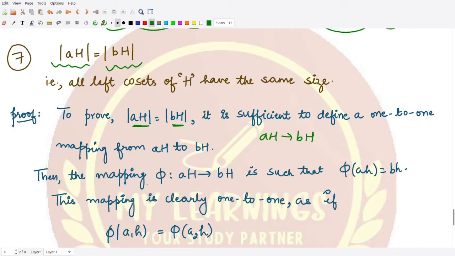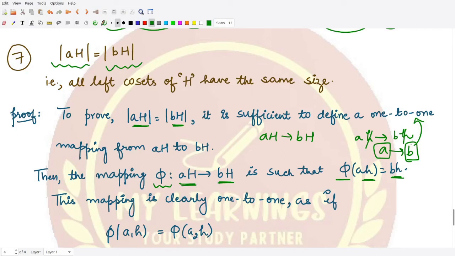Let's call that mapping phi, defined from AH to BH, such that phi of AH is equal to BH. If we cancel out this H with this H, A is taken to B, so for all A we have some B, so the mapping would be 1 to 1.